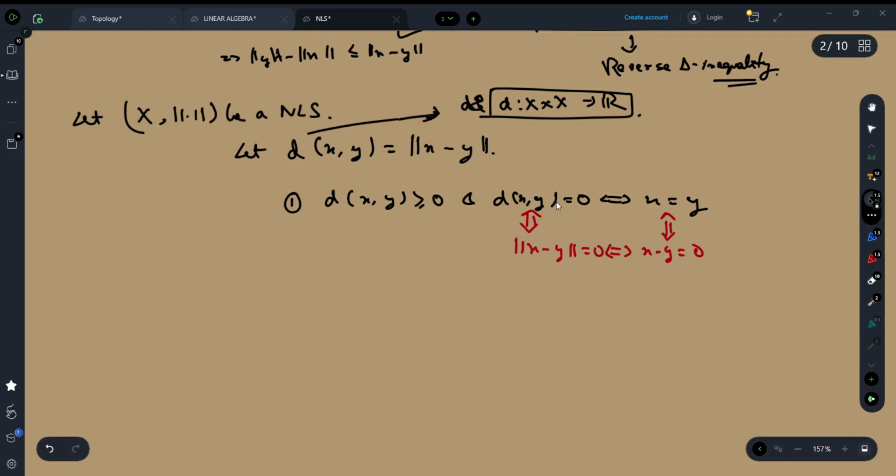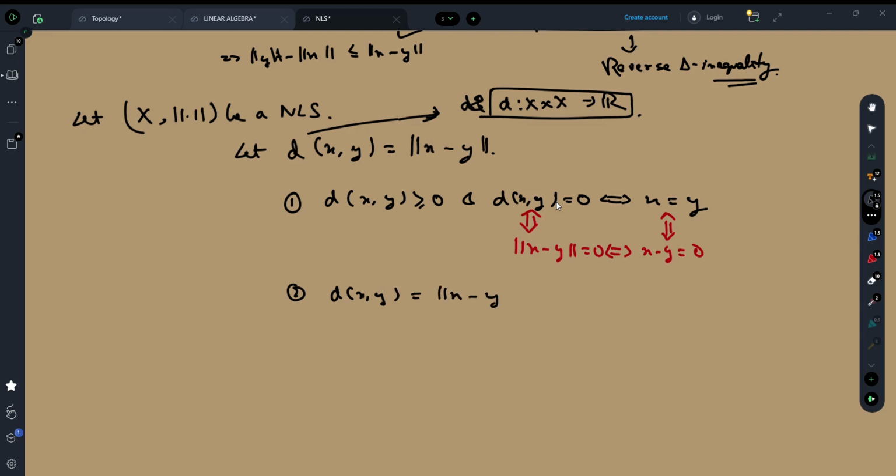Number two, observe that d of x, y by definition is norm of x minus y, but you can take minus 1 common outside, so it becomes y minus x. So it is modulus of minus 1 times norm of y minus x, but modulus of minus 1 is 1, so it's norm of y minus x, and norm of y minus x is nothing but d of y, x, right?